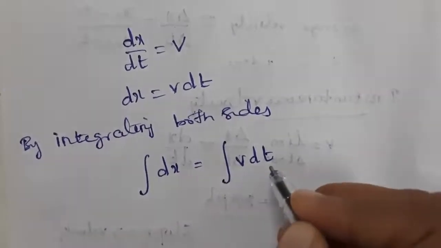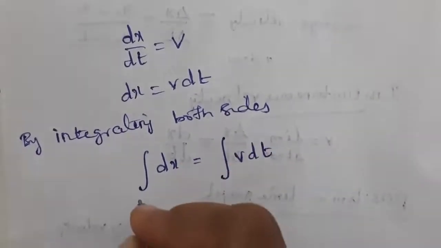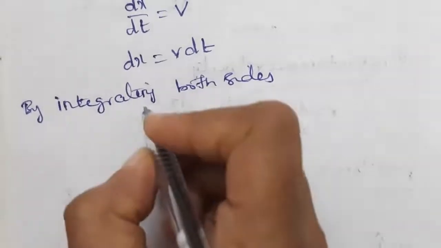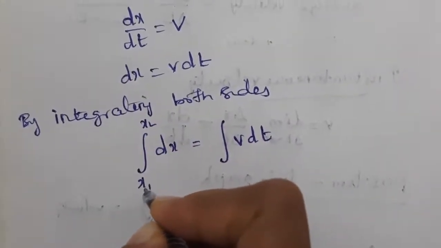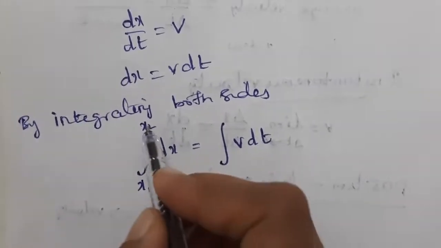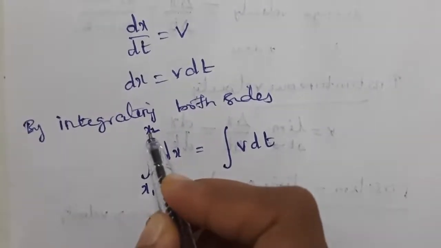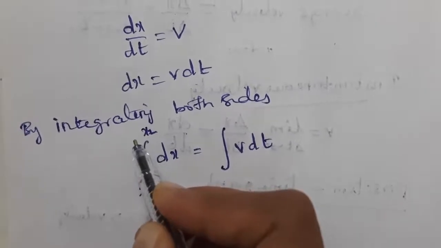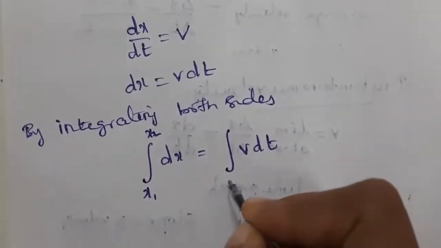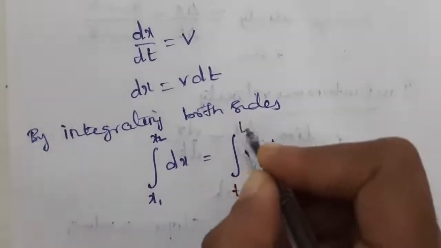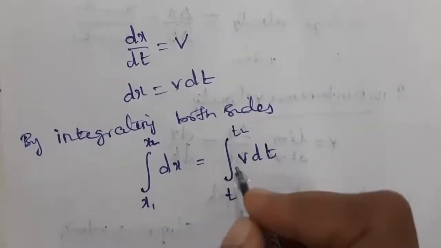Here I am writing x1, x2. This is the position. Initially it is from the position x1. Now after the time, this particle reaches the position x2. Here the integration is from the time t1 to t2. This is the limit we should apply.